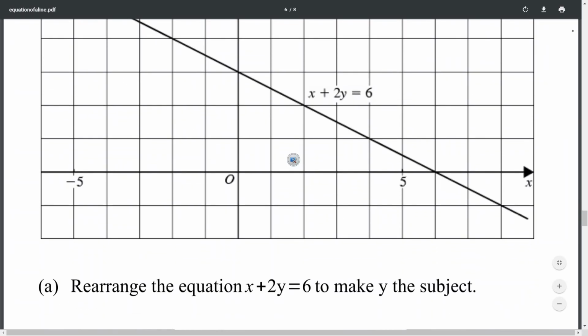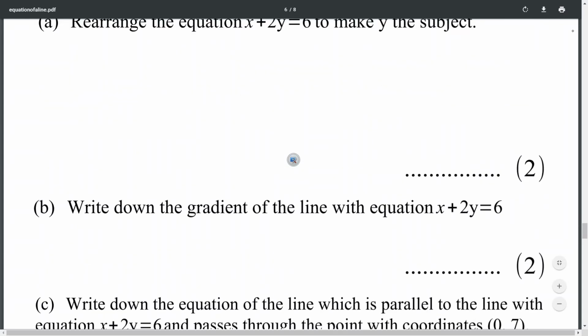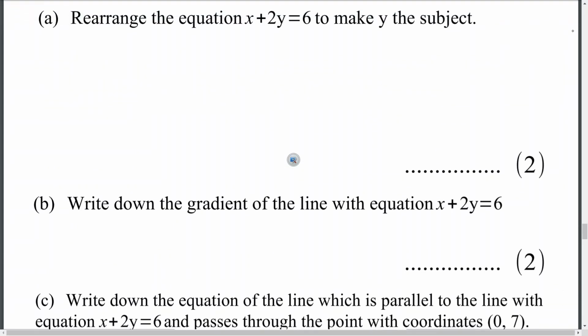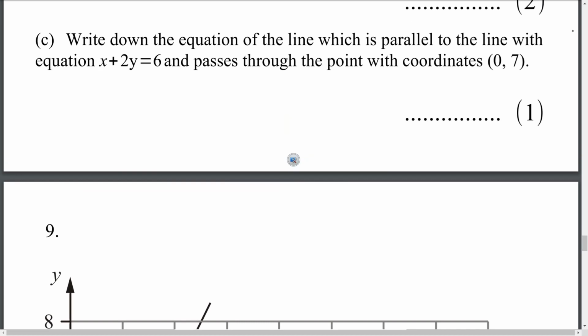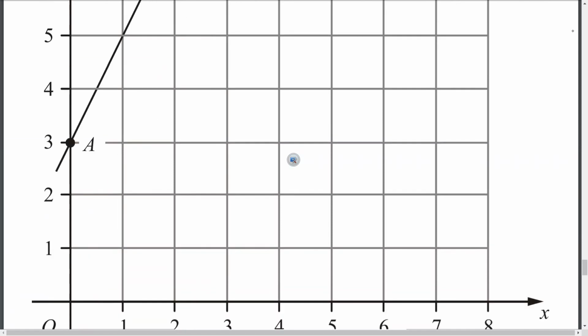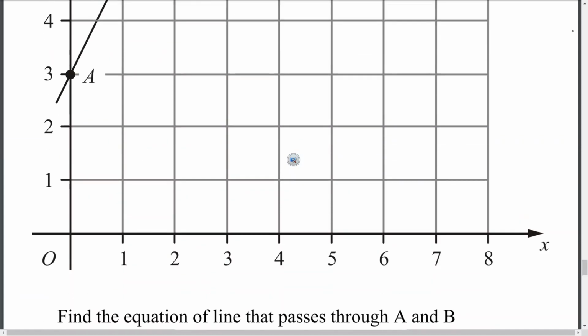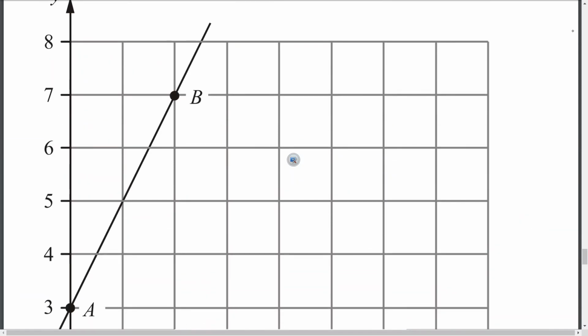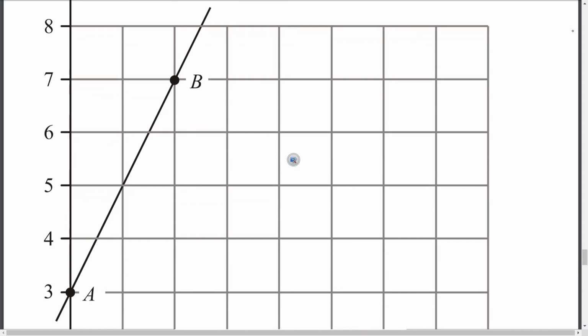To make y the subject, that's the same idea. Write down the gradient, that's the same idea. Write down the equation of a line that's parallel, and it passes through that. I think that's okay. So this one, find the equation of this line. How would you find the equation of this line?